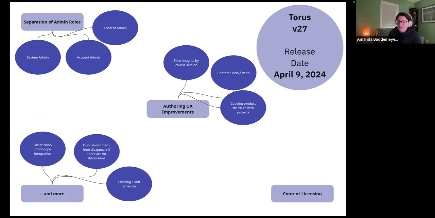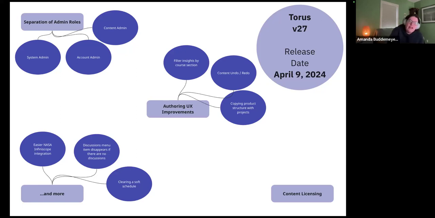This is not nearly an exhaustive list. I'm doing a demo on this for our next meeting on April 5th, and we'll also have some release documentation for version 27 at that time. But I just wanted to highlight a couple of the things. One big thing is a separation of admin roles, if any of you are a Torus admin.